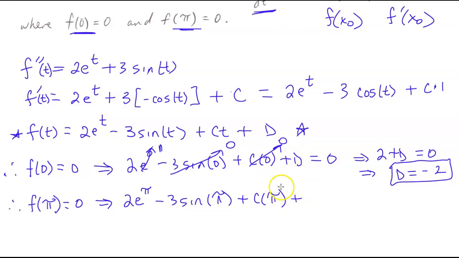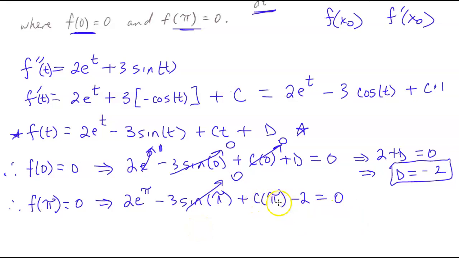And just go ahead and write -2 there. And that's going to equal 0. And so now from there, we know that sine of pi is 0. So this whole term goes to 0.